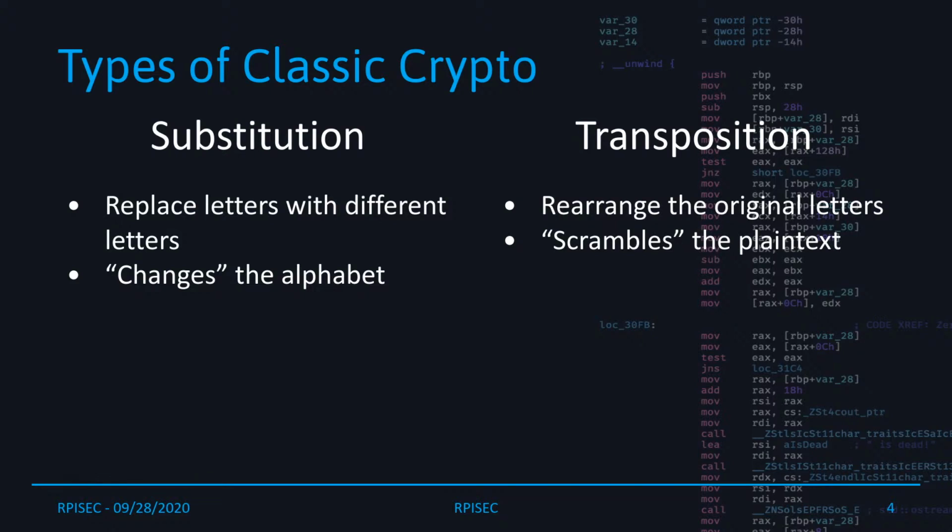Transposition ciphers, on the other hand, don't change the alphabet. They don't replace the letters in the plaintext. They just move them around a bit. So they'll say swap letters based on location, or somehow transpose the plaintext so that it looks a bit weird. And we'll cover some of those as well. Transposition ciphers you don't see as often, but they do make for some fun programming challenges.